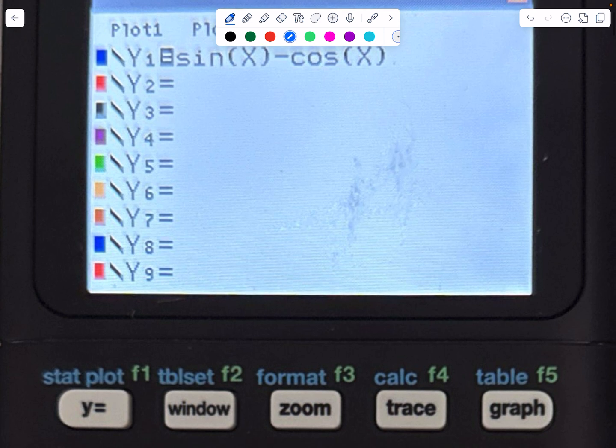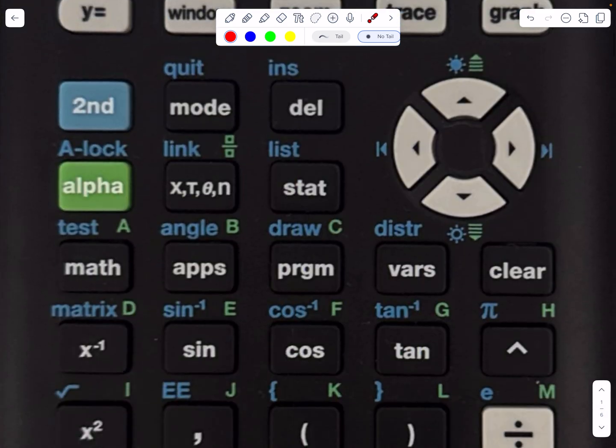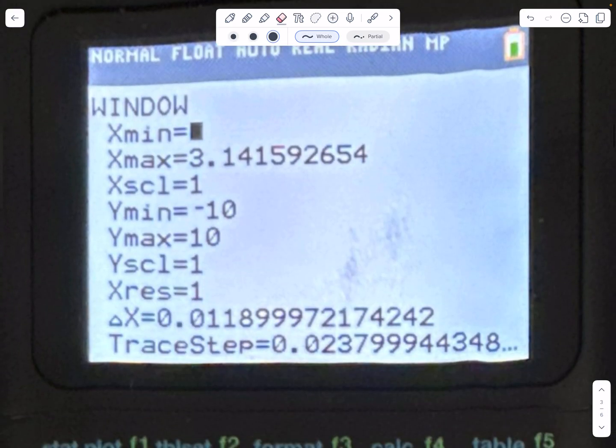And before we can even hit graph, we have to fix the window. Remember, we're going to change it to the domain 0 is less than or equal to x, which is less than or equal to pi. Once you press window, this is the screen, and for x min we put 0.